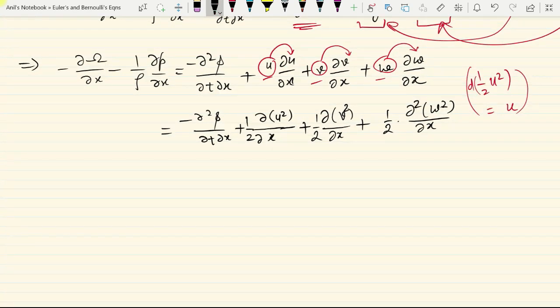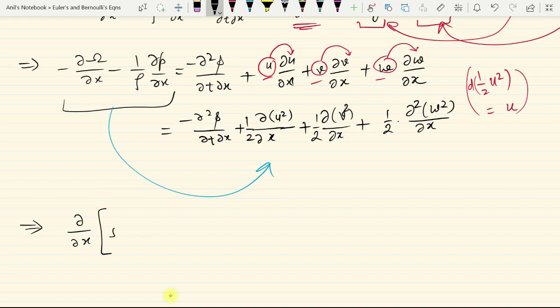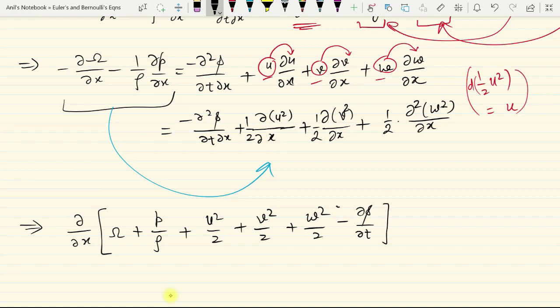Now we can carry this left hand side term to the right and we get the final equation looking like this: del by del x of omega plus p by rho plus u square by 2 plus v square by 2 plus w square by 2 minus del phi by del t is equal to 0.